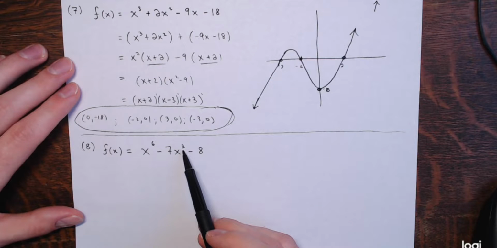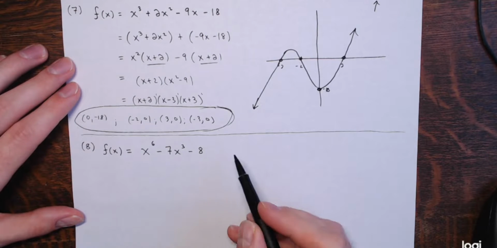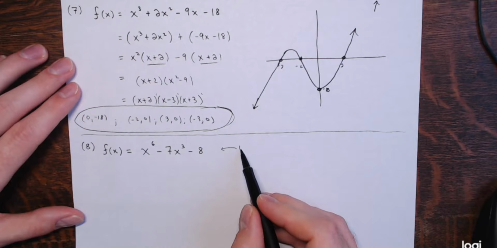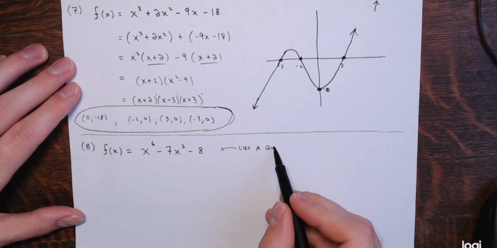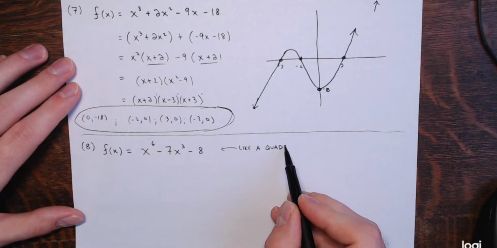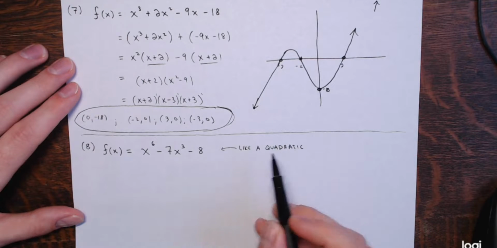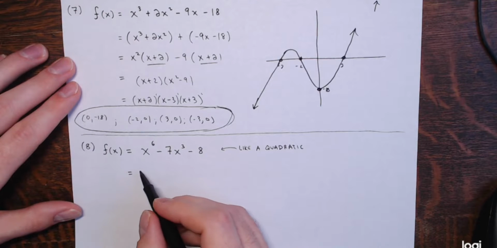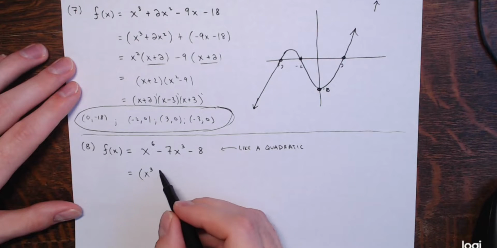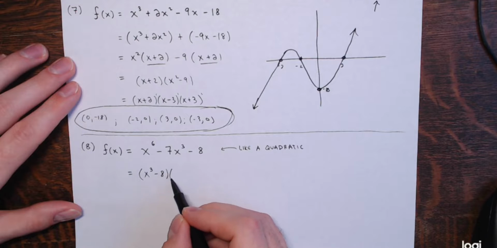And then you have a constant. So this is like a quadratic, or they would call it quadratic in form. And that means you can factor it just like a quadratic, but remember that it ends up being a 6-degree polynomial. So this actually factors to x cubed minus 8 times x cubed plus 1.